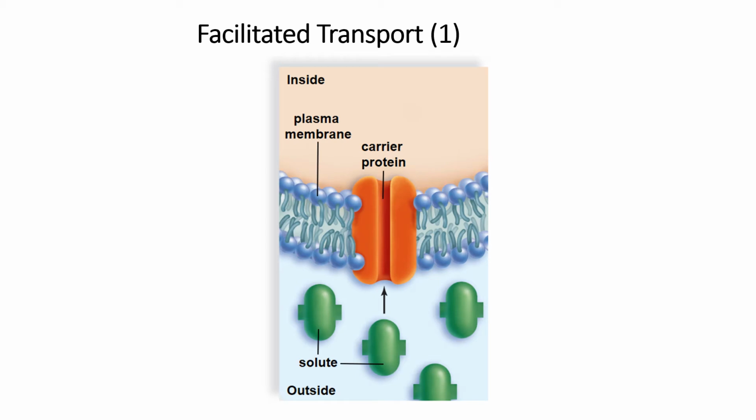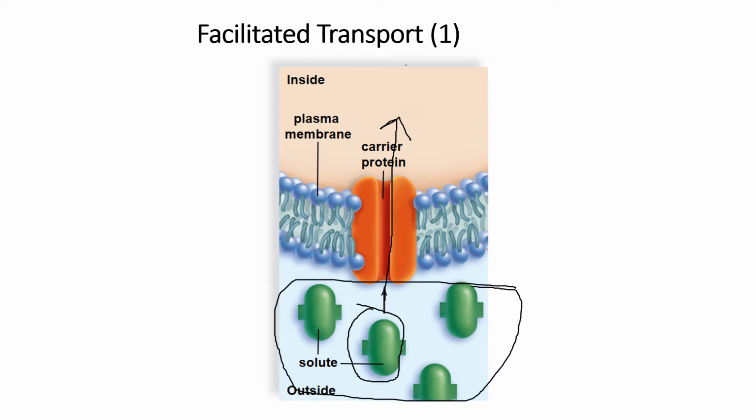And it typically requires a channel protein or a carrier protein. And that will allow some sort of cargo to move into the cell. It still follows its diffusion gradient, so notice there's a bunch of these on the outside and 0 on the inside.